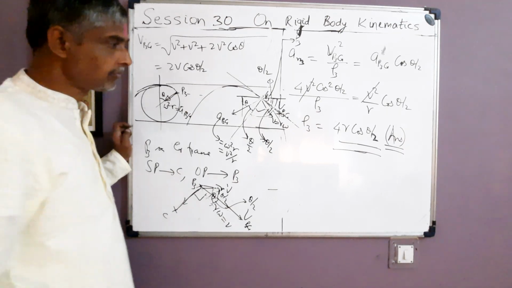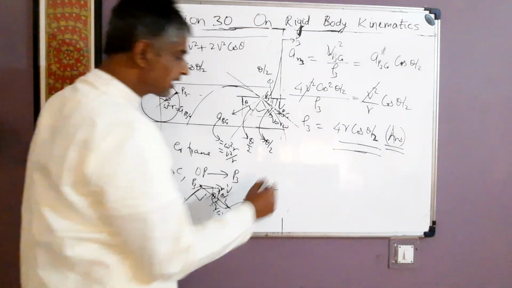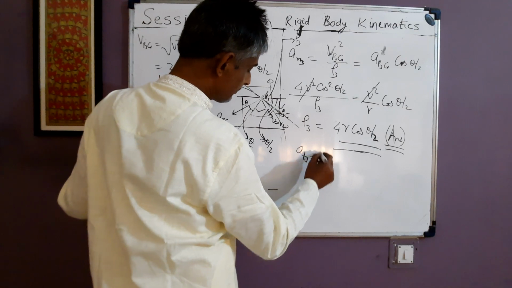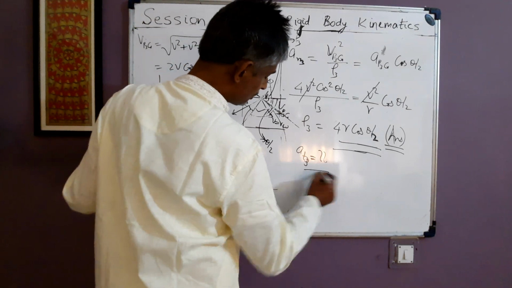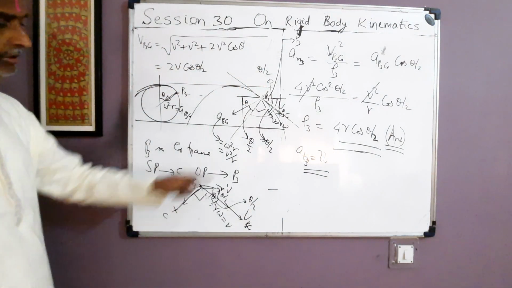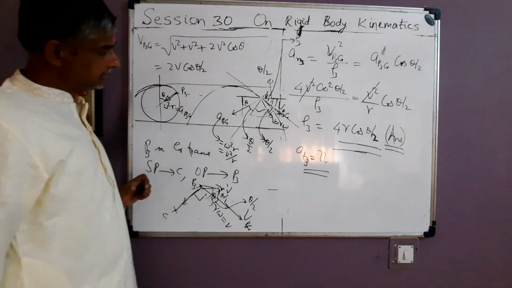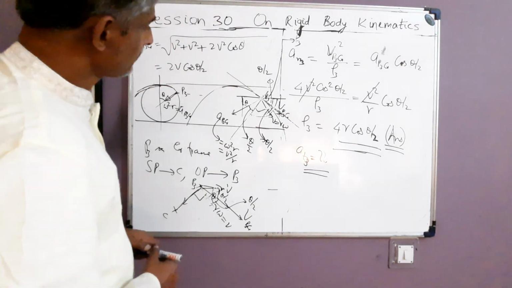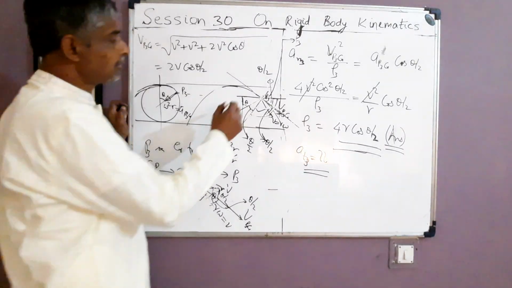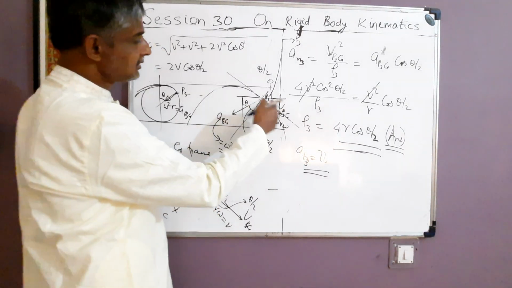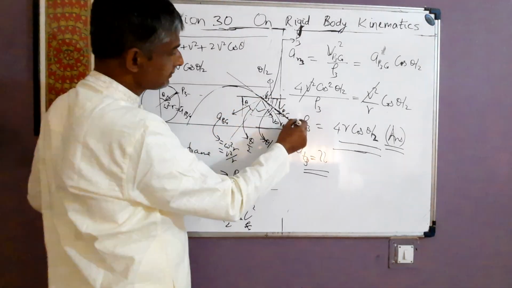Fine. Alright. Now we have to find the tangential acceleration of P3. This we have to find. This also can be determined in two ways. Okay. So how do you find a tangential acceleration? That is the question. Now see, tangential acceleration can be found in this way. This is the direction of net velocity of P3.